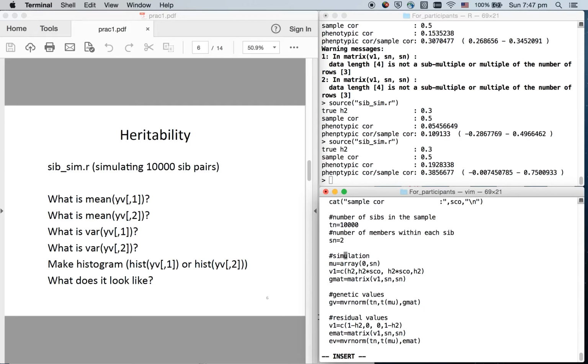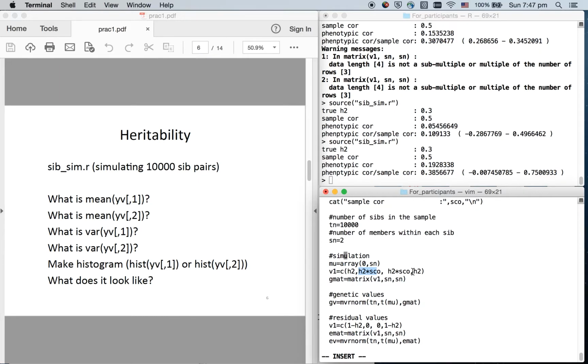Then the mean of phenotypes is assigned as 0, and you give the heritability for the genetic structure. Then the covariance between two sib pairs is a function of heritability and sample correlation, right? And this is a symmetric matrix, therefore this and this are the same.